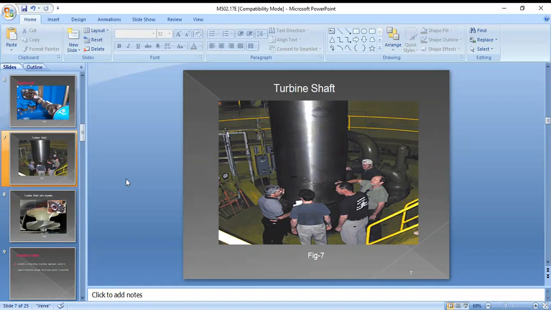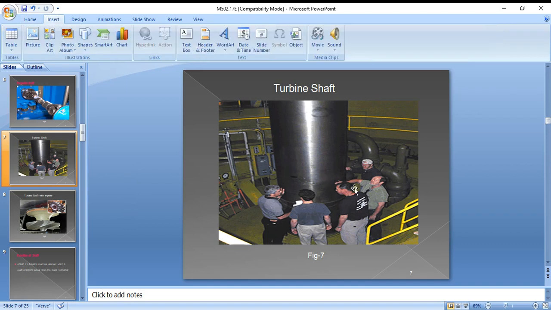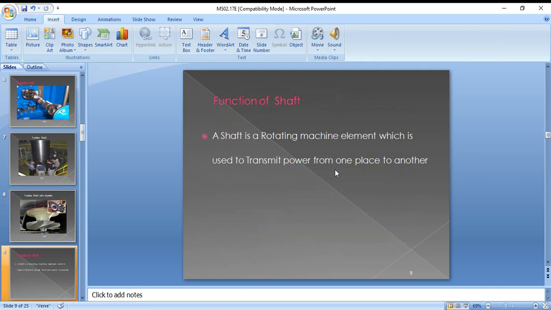So we use shafts wherever there is a chance of power transmission. The shaft is circular in shape, and it can be either solid or hollow. It is used to transmit power from one place to another.